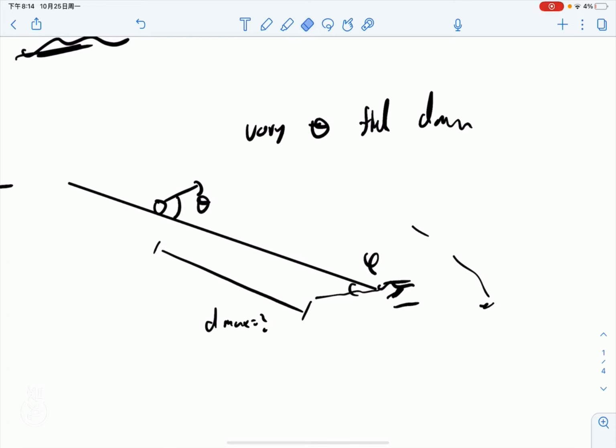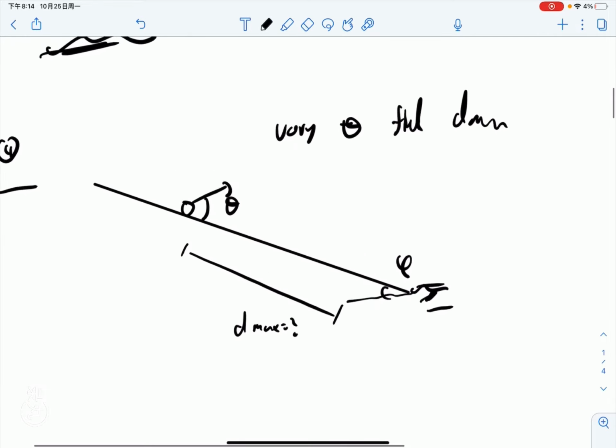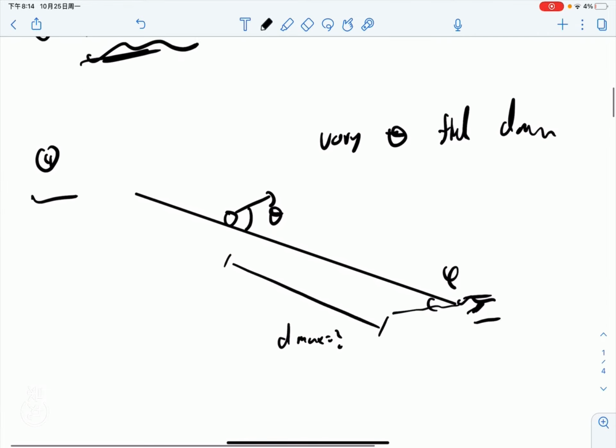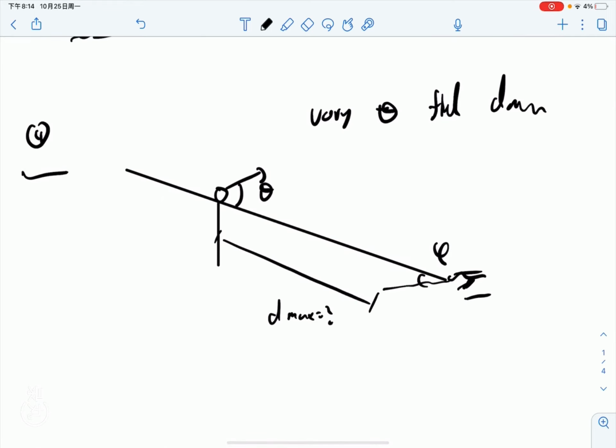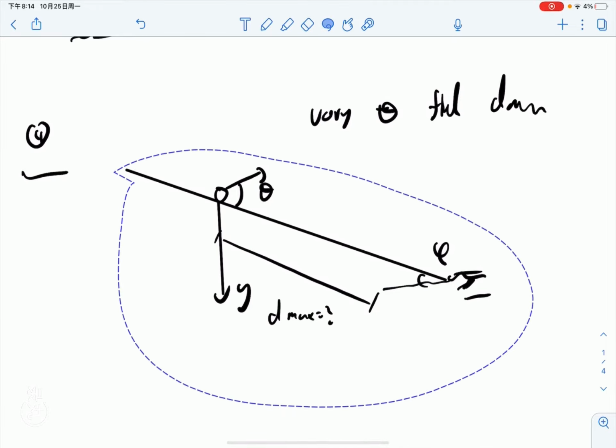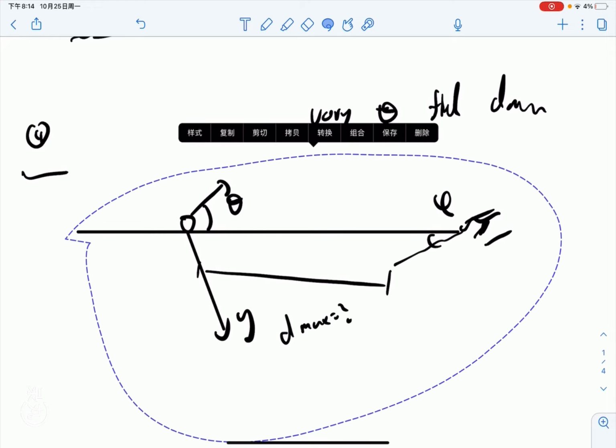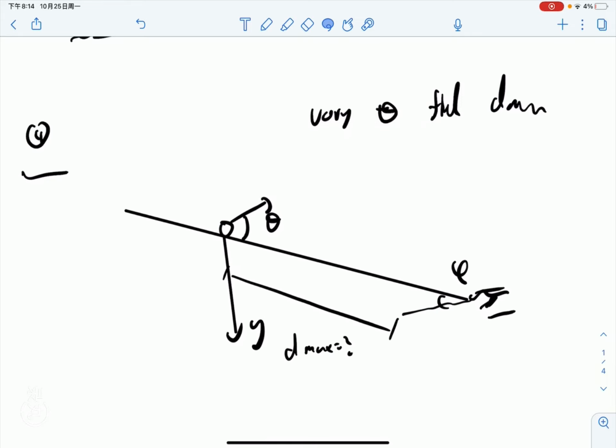And for this type of question, we have a trick over here. So basically, if you rotate this graph to here, the problem is basically the same. You can't see any difference.